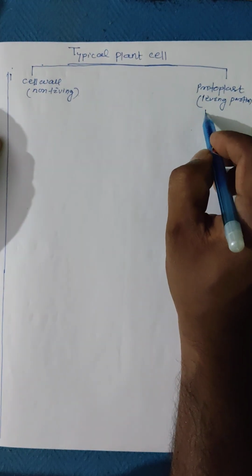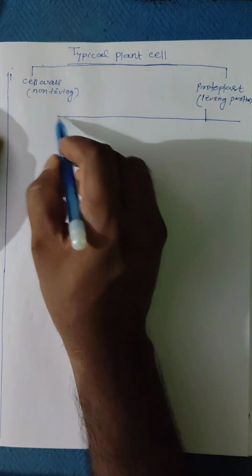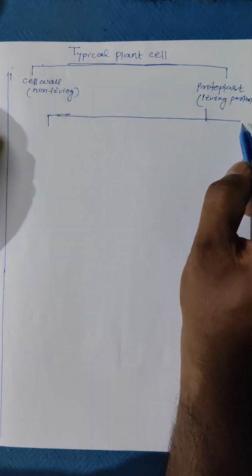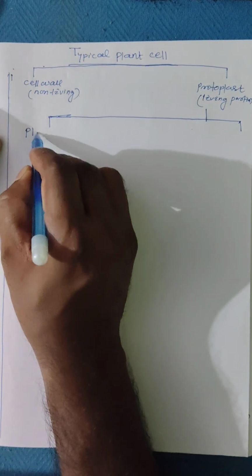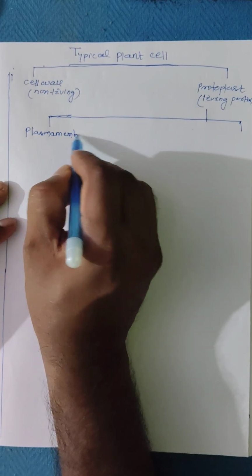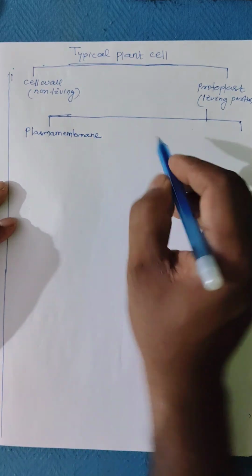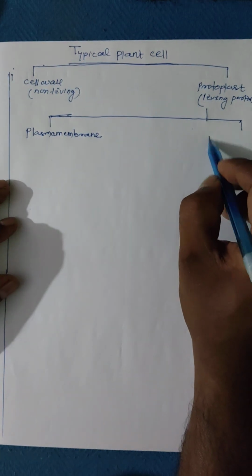The protoplast again can be divided into two portions. The outer covering of the protoplast is the plasma membrane, and what we get below the plasma membrane is the protoplasm.